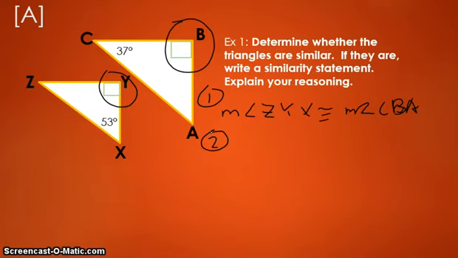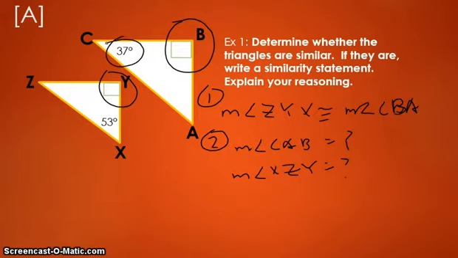Before we do that, let's look at the two unknowns. We could say the measure of angle CAB is something, and the measure of angle XZY is something. Those somethings we can determine. If you look at this piece right here, we know that this is 90, this is 37. 90 minus 37 gives us 53.